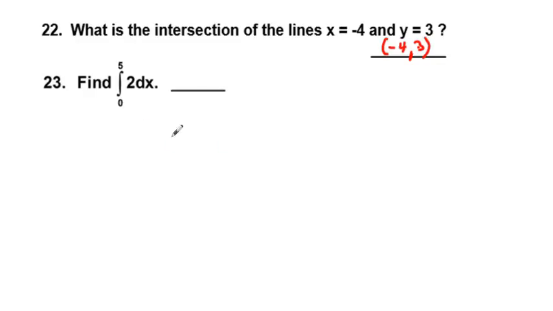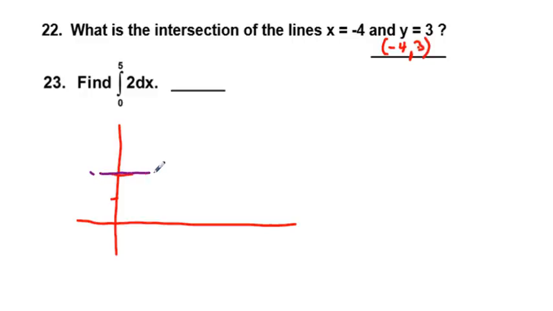23, find the integral from 0 to 5 of 2 dx. And so we're interested in this function y equals 2. Here we have a graph, and at 2 we have a horizontal line, y equals 2.